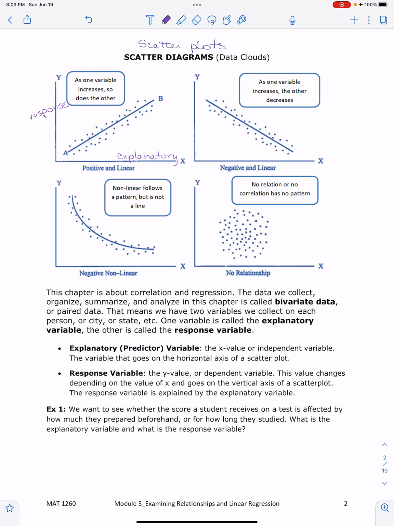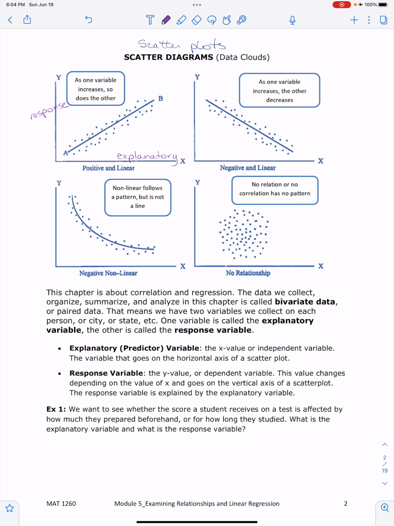Okay, top right, we've got, again, a linear relationship, but this time it's negative. If we draw the line that goes through our data set, we notice it goes down to the right, so we have a negative slope on that line. Look at the bottom left. It looks like there is a pattern, and I can draw in a curve that matches that pattern.